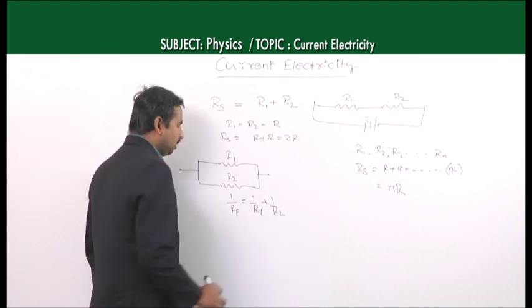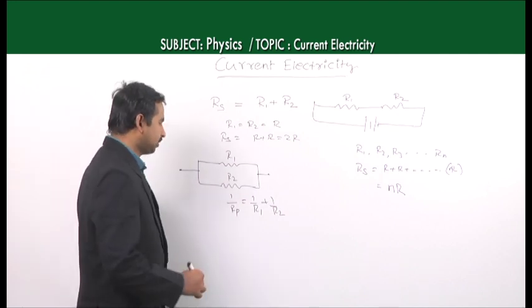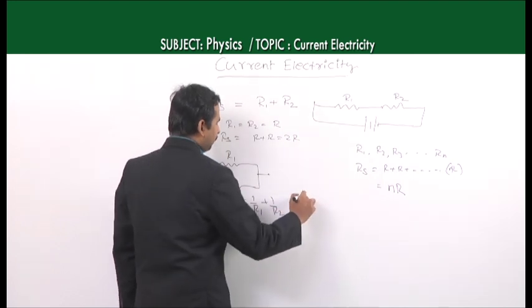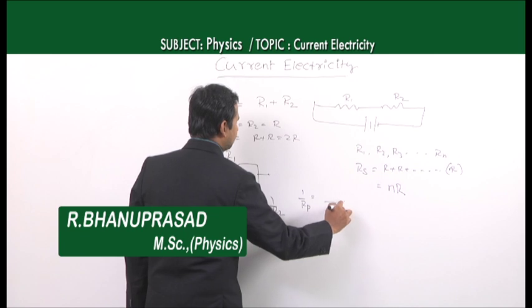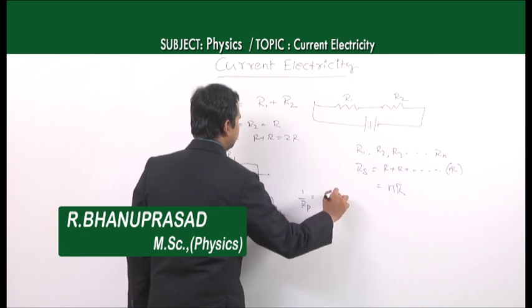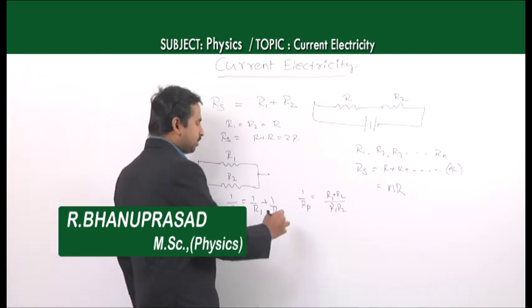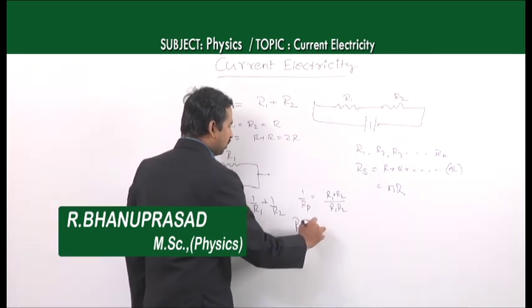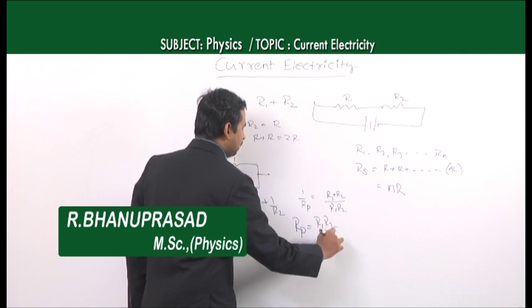If you take the LCM, 1 by Rp is equal to R1 plus R2 over R1 R2, so we get R1 plus R2 in the numerator. Then resistance when connected in parallel becomes Rp is equal to R1 R2 by R1 plus R2.